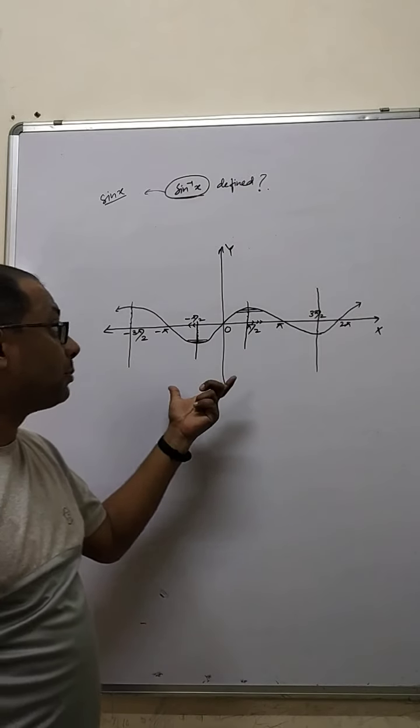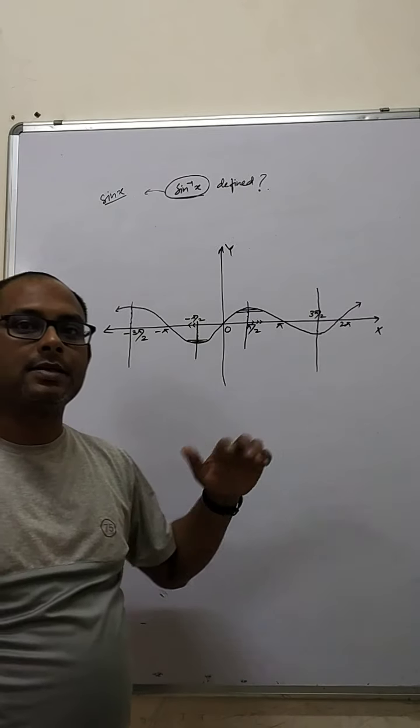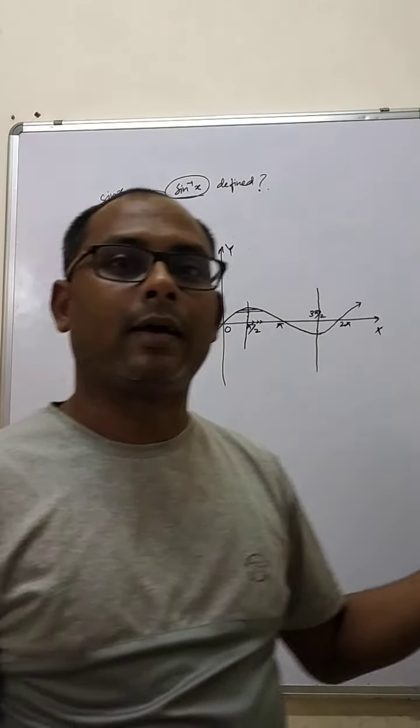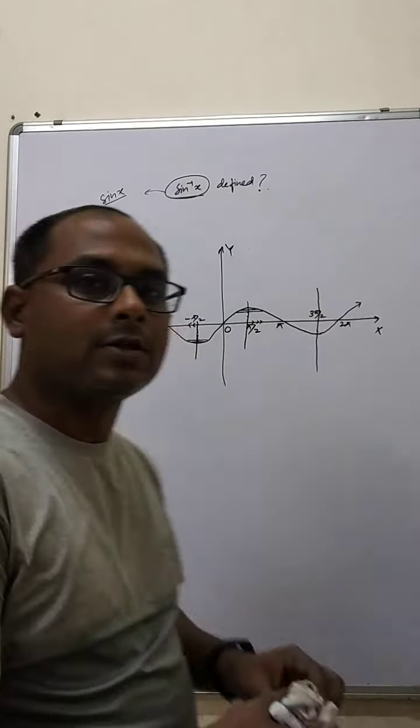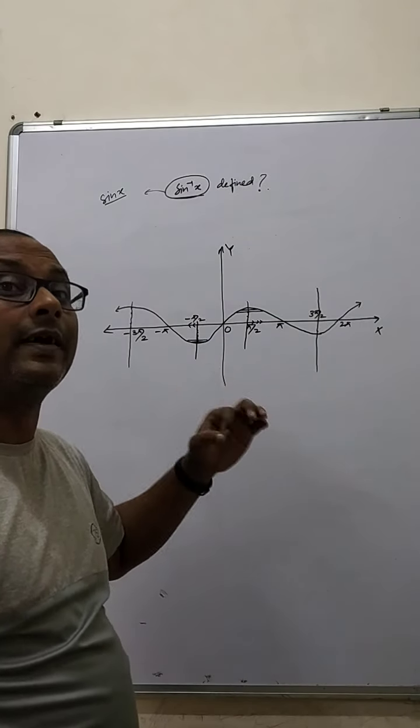This is a very important point we need to understand, because sine x is not readily 1-1 and onto, that is, not readily invertible. So we have to make this adjustment in order to make sine inverse x even exist.